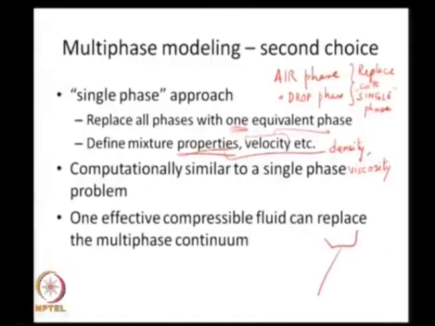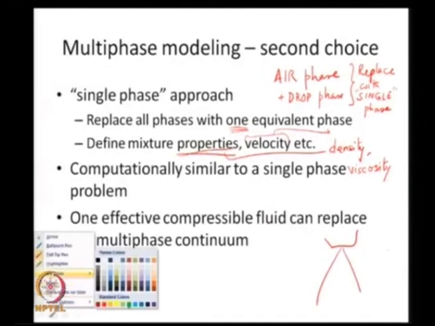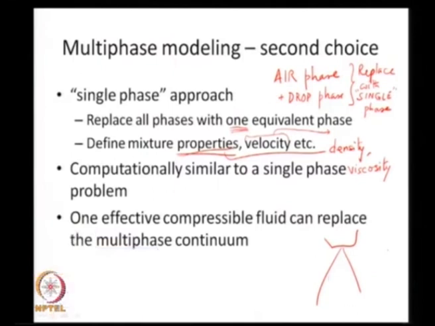So, if I take a little spray, every little position in the spray has a volume fraction alpha d of the drop phase and 1 minus alpha d of the air phase.